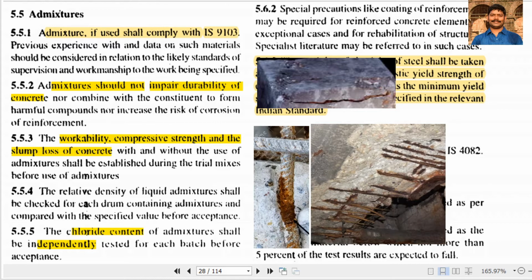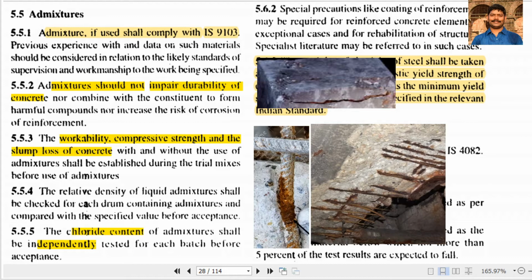It also should not react with the components of the cement, sand, or aggregate, and should not form another chemical compound.